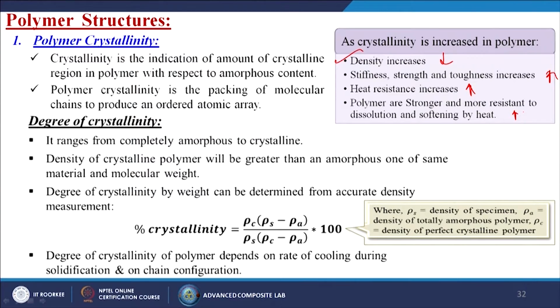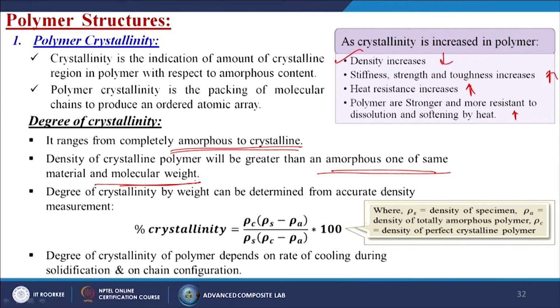What is the degree of crystallinity for a polymer? It ranges from completely amorphous to crystalline. The density of a crystalline polymer will be greater than an amorphous one of the same material and molecular weight. The degree of crystallinity by weight can be determined from accurate density measurement.